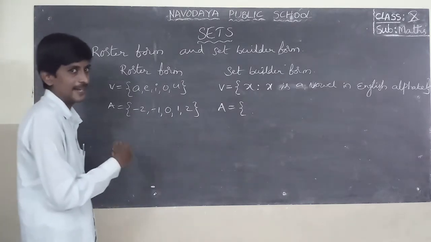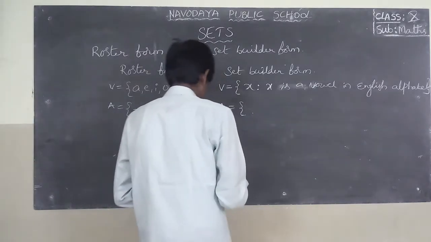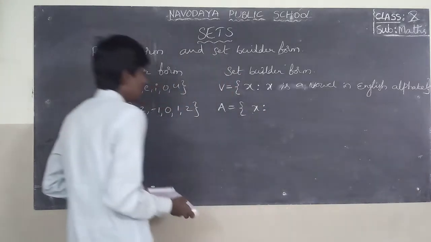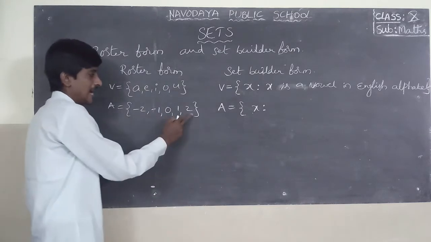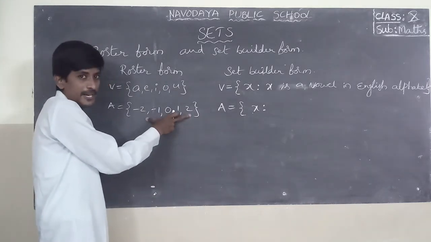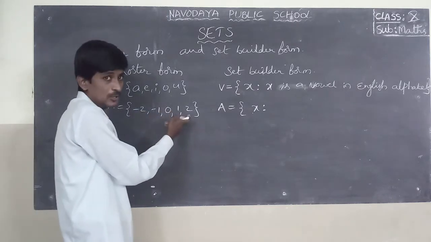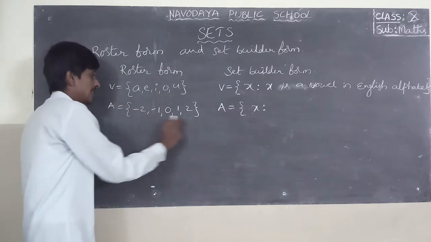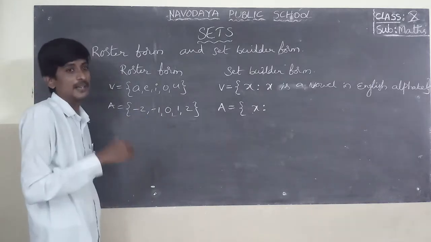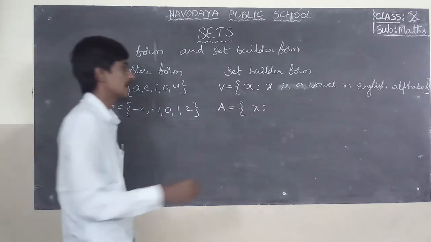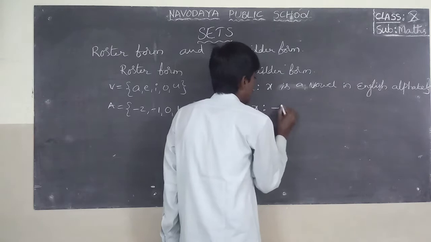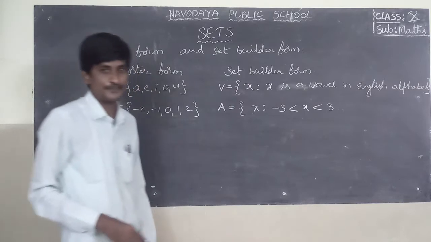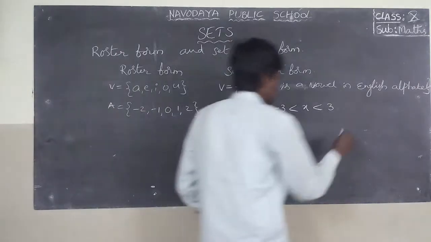These are integers. x such that x is greater than -3 and less than 3, for x belongs to integers.